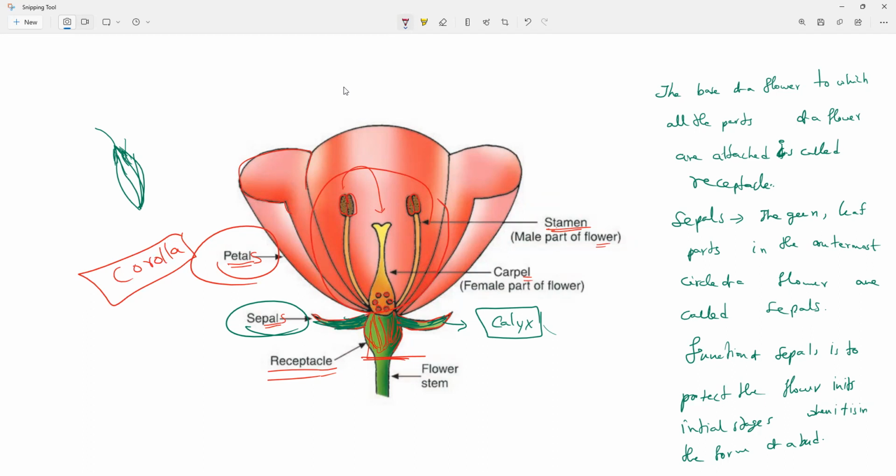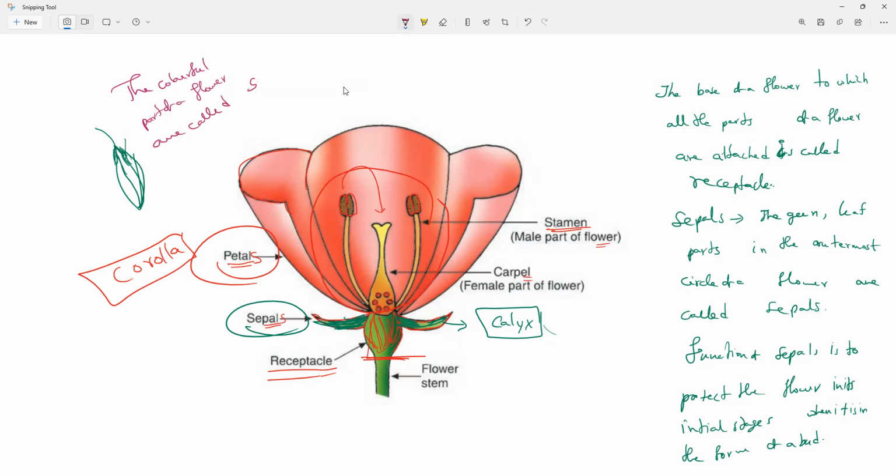The colorful part of a flower is called petals. What is the main purpose of it? One is for protection, another is for attracting what? Insects for pollination. Okay.